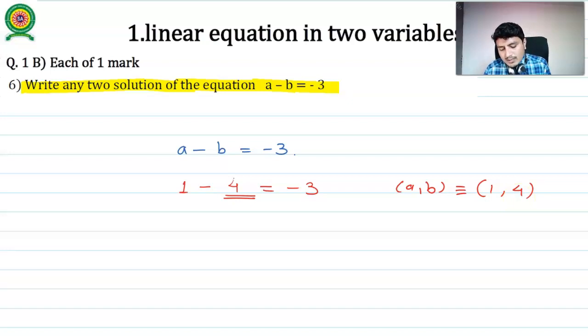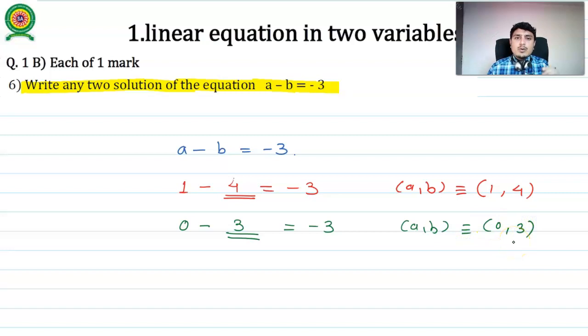You may choose other values, like a equals 0. So 0 minus something gives us minus 3. Definitely 0 minus 3 is minus 3. So the values of a and b are 0 and 3. That means (0, 3), where the a value is 0 and the b value is 3, is a solution of the given linear equation in two variables.